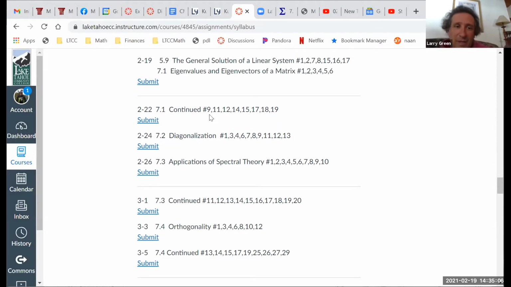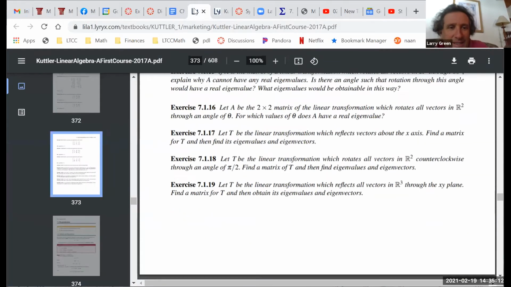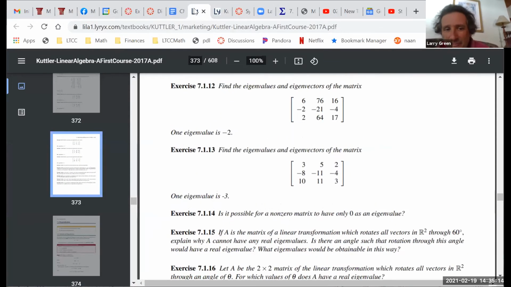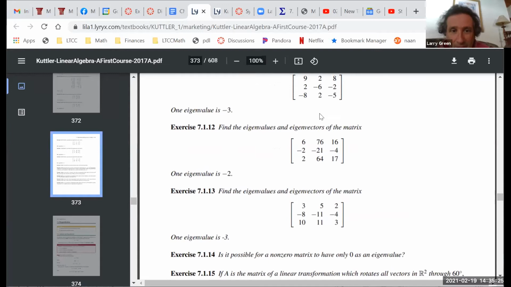I'll let you pick a number between 9 and 19. First person to pick is the one we'll do. 12. 12 it is. Okay. So find the eigenvalues and eigenvectors of this matrix.